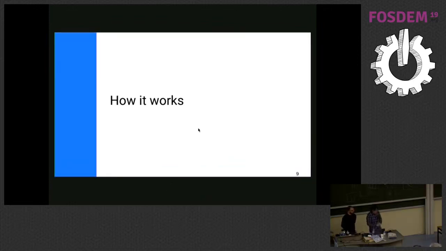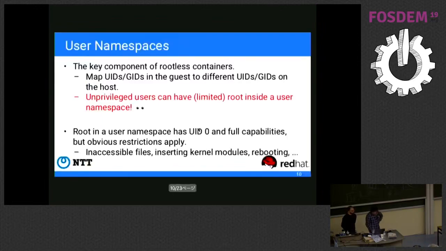So how does rootless Kubernetes work? Namespaces are the kernel feature that allows us to have containers. They give a process a different view of the system. The most important one for enabling the rootless case is the user namespace. It basically gives a process the idea of running with a different UID and GID than what it is in reality for the kernel.